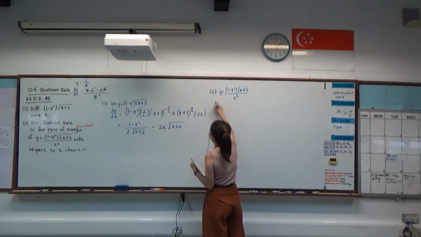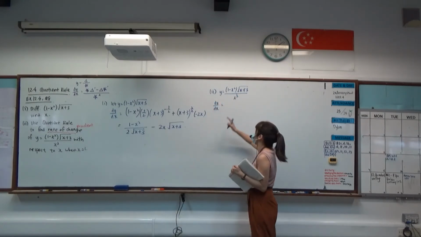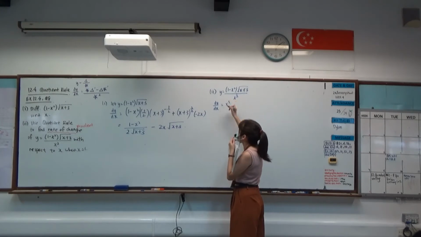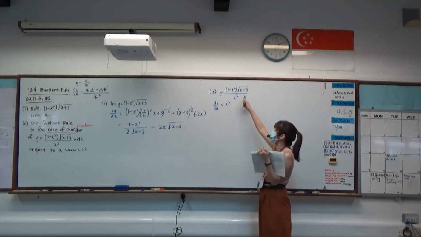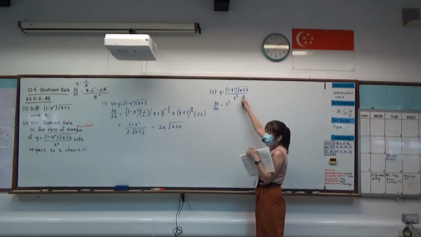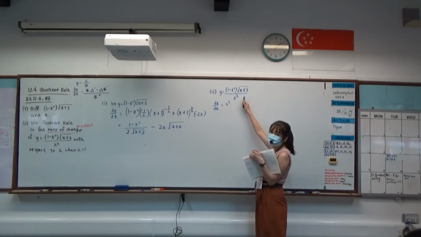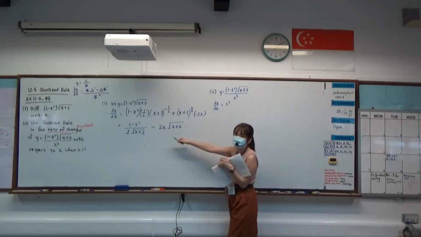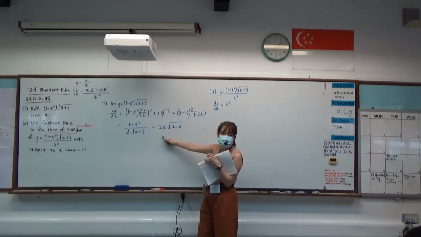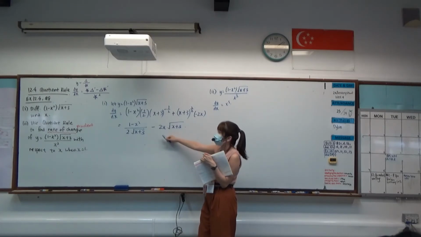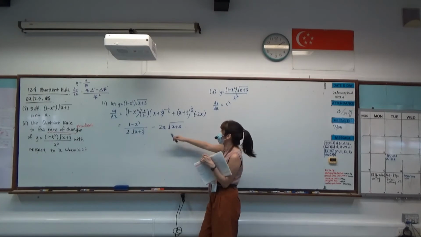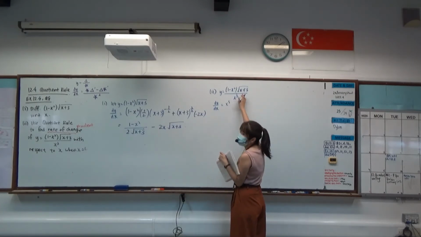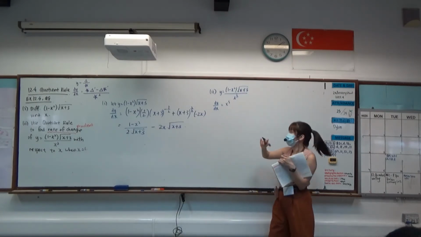Using my product rule will tell me that I need to keep x cubed first and then differentiate the numerator. Please don't go back to differentiate the numerator again when you have already done it in part I. That's the reason why part I is actually given. So you just use your answer in part I as the derivative of your numerator.